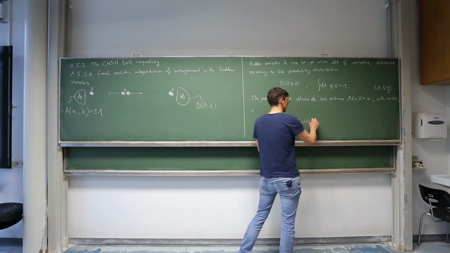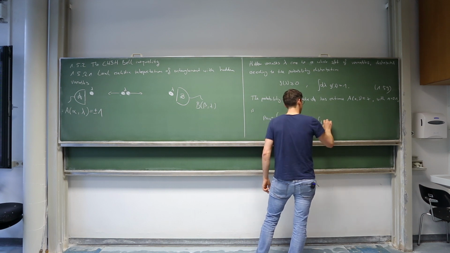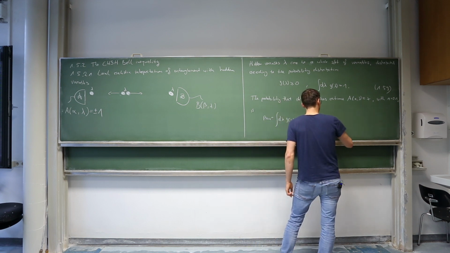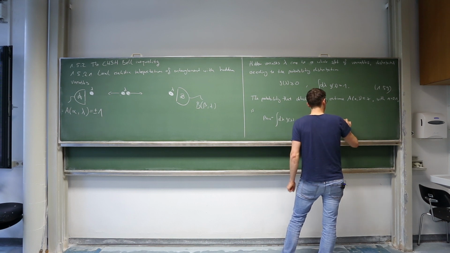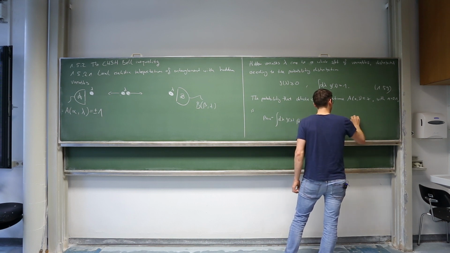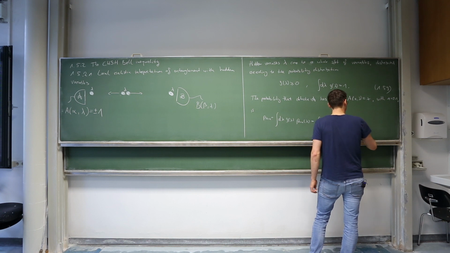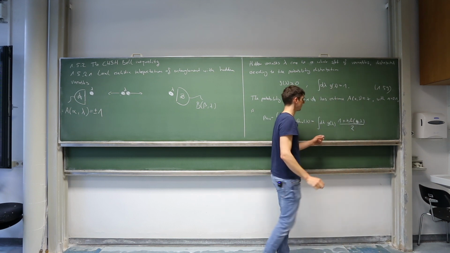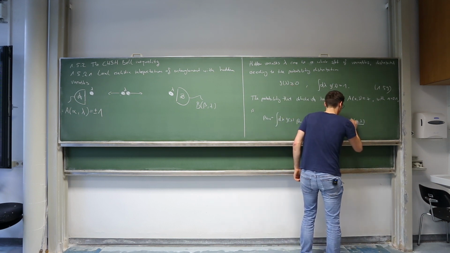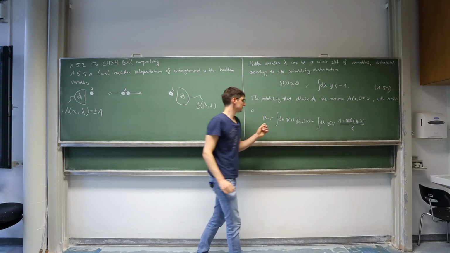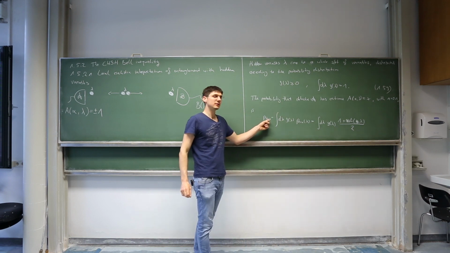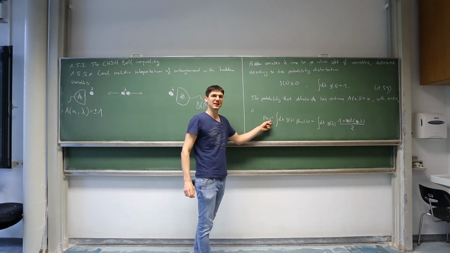This is the integral d lambda rho of lambda times (1 plus x times A of alpha, lambda) over 2. So this is the probability that detector A shows x.